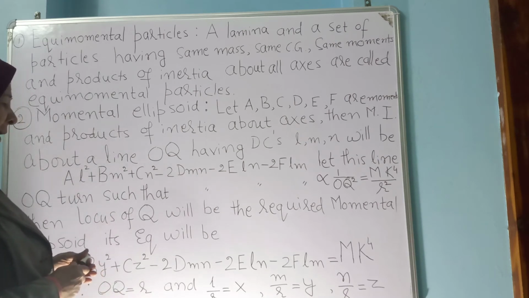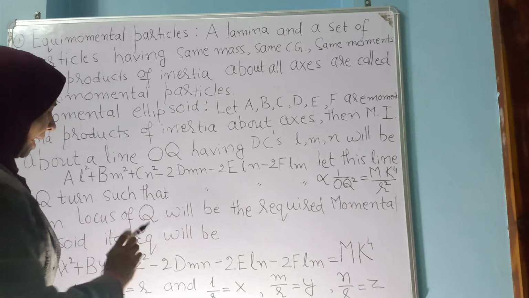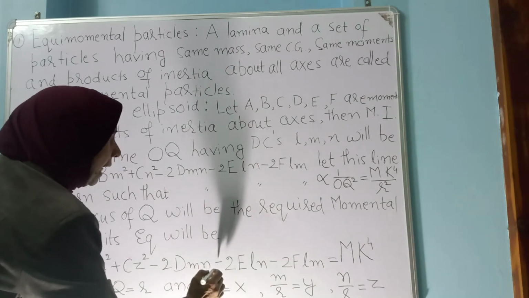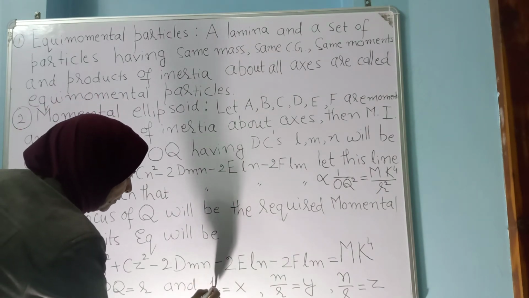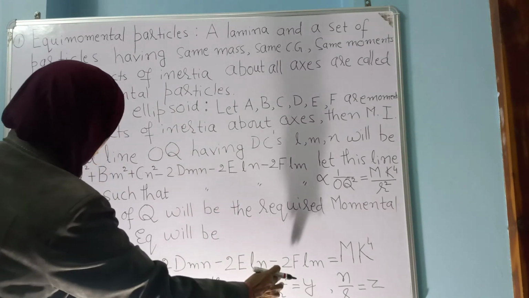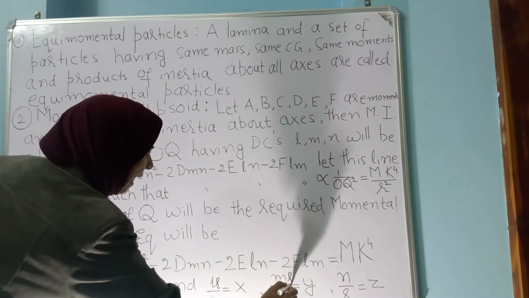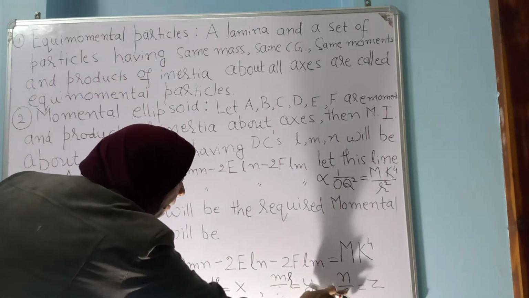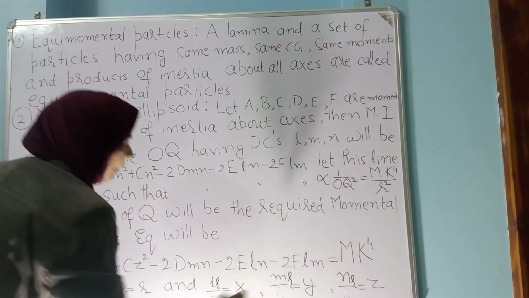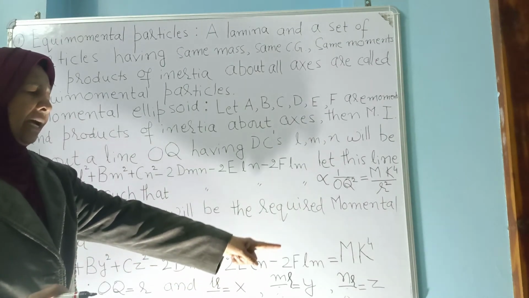So l square r square will be x square, m square r square will be y square, and n square r square will be z square. Now let us see why: l r is x, m r is y, n r is z.